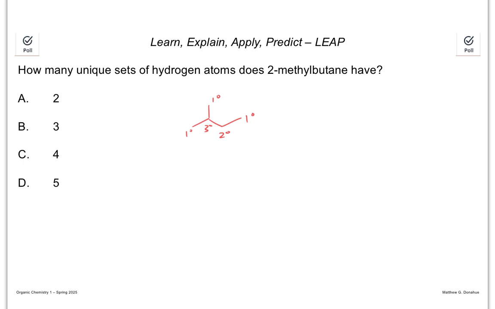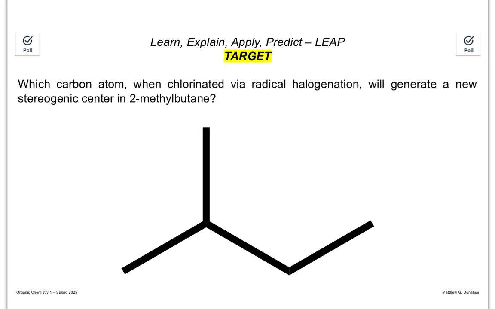So minimally 4, but as you'll see through the logic of this question, a better answer probably is 5, because we're talking about unique sets. So which carbon atom, when chlorinated by radical halogenation, will generate a new stereogenic center in 2-methylbutane?